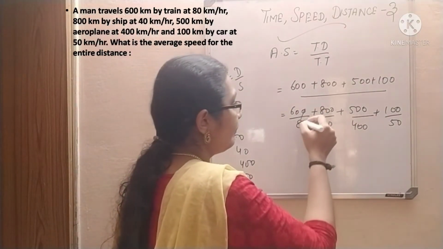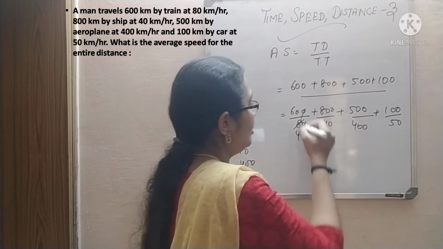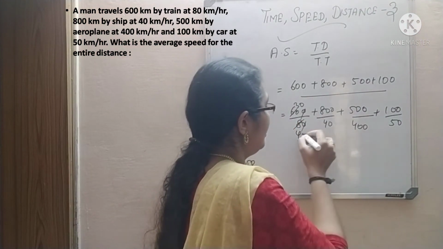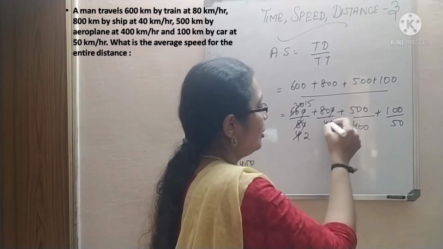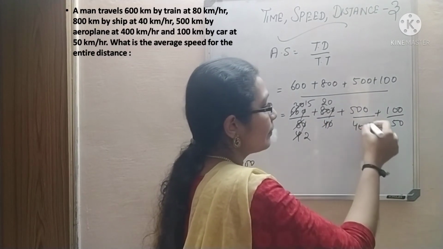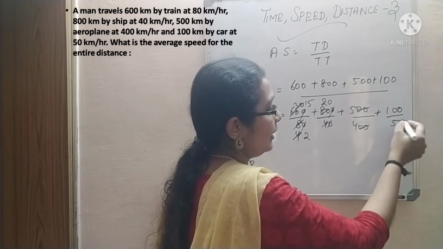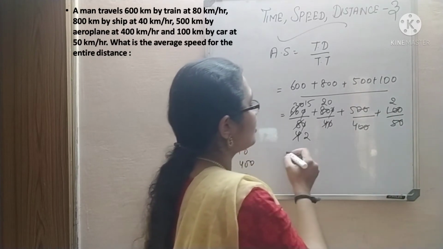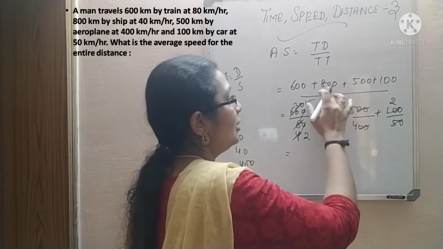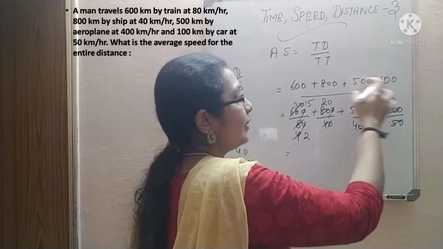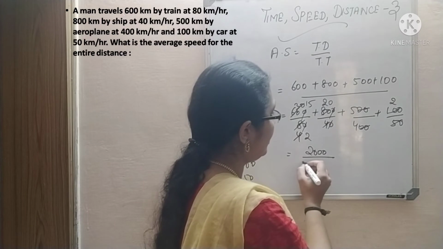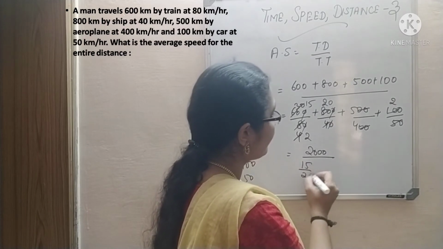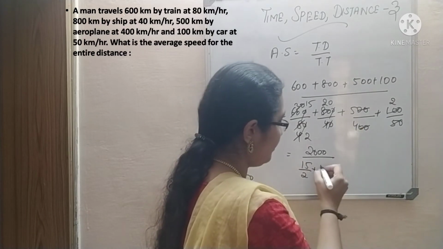So simplify. 2 4s are 8, 2 3s are 6, then 2 2s are 4, 15 times. Alright. Here 20 times. Here 0 alone. Here 2 times. Correct. So 600 plus 800 is 1400, 1500 plus 500 is 2000. 2000 divided by 15 by 2 plus 5 by 4 fraction.